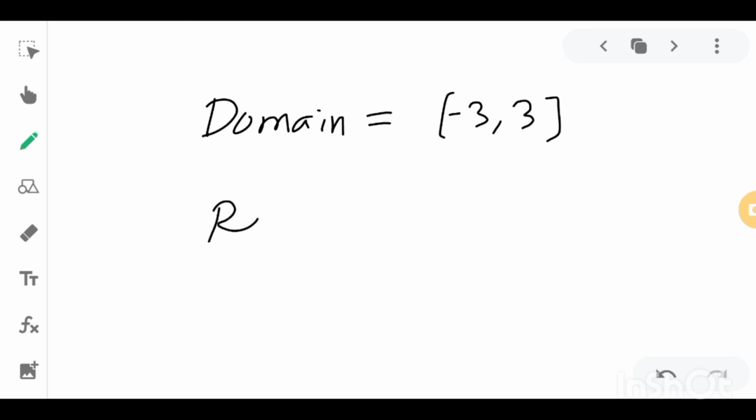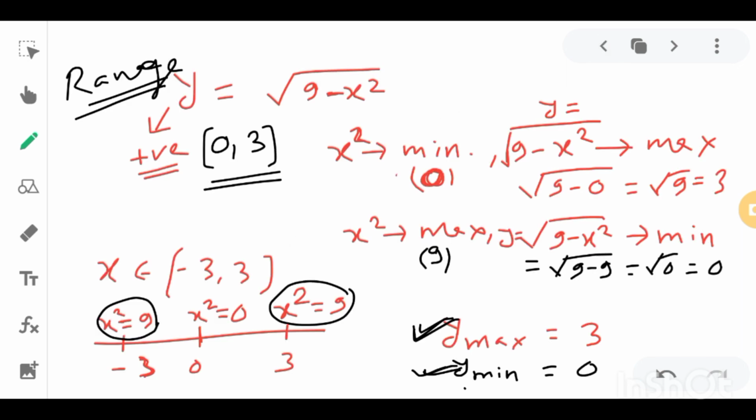So the final answer will be domain is equal to minus 3 to 3, and range, that means y, that will be 0 to 3, correct? I think you understood.